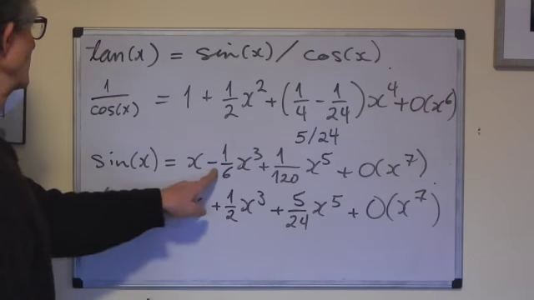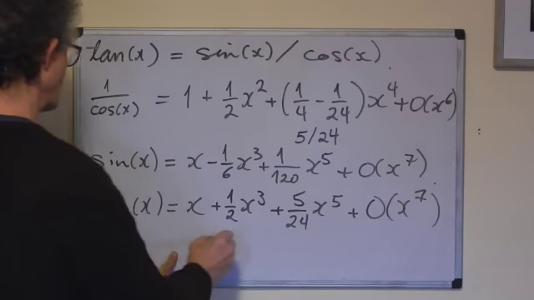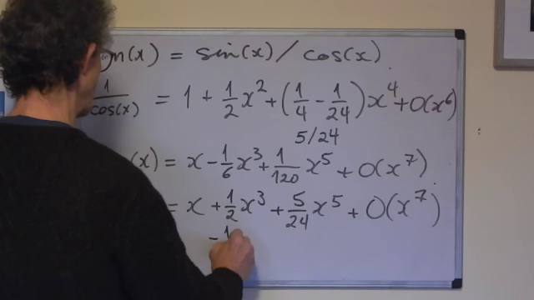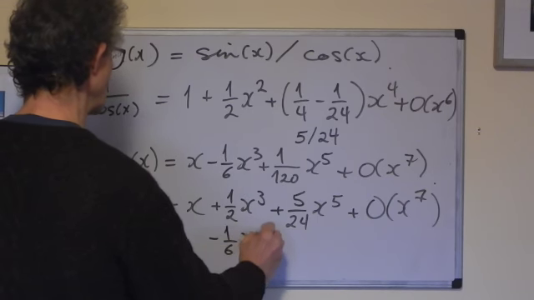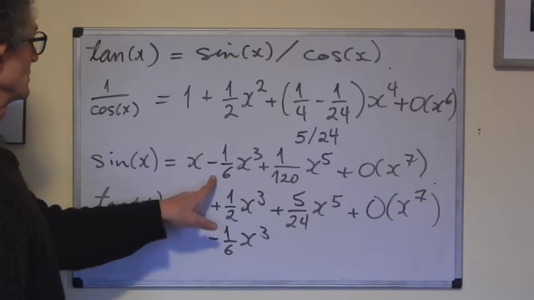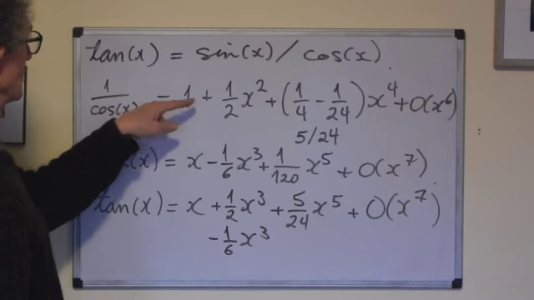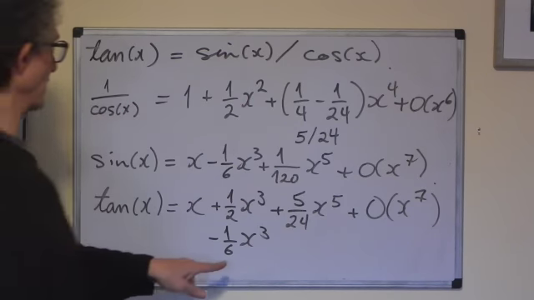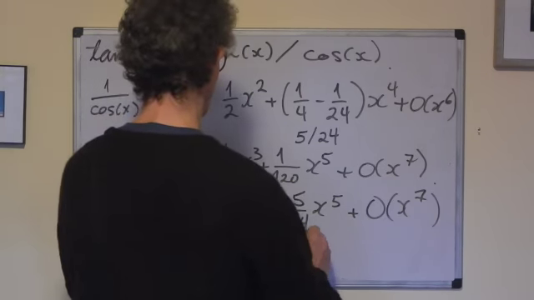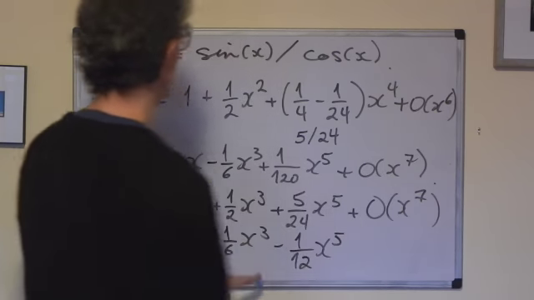Now let's continue. I get minus 1/6 x cubed times 1, which is minus 1/6 x cubed. And then minus 1/6 times 1/2 x squared, so that's minus 1 over 12 x to the 5th.